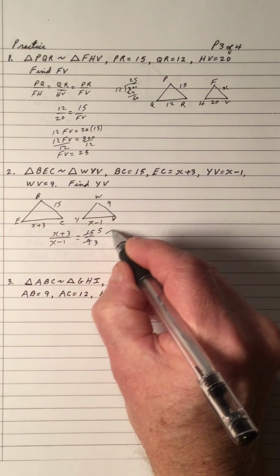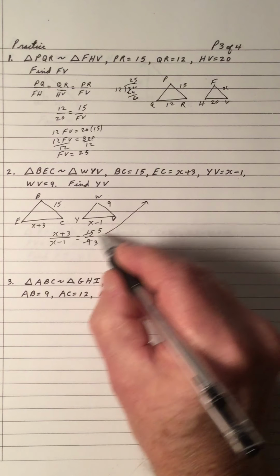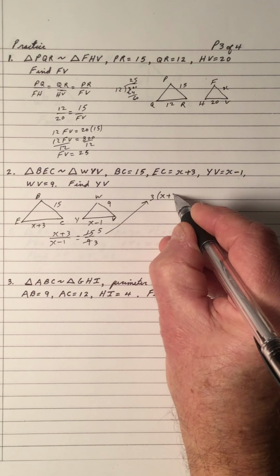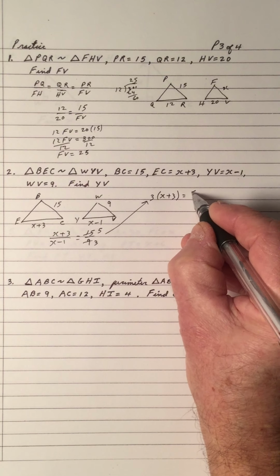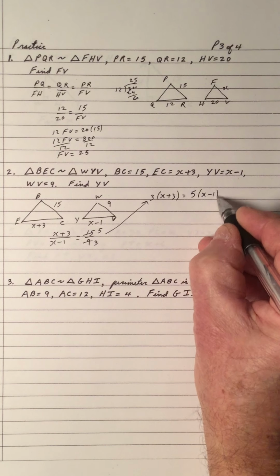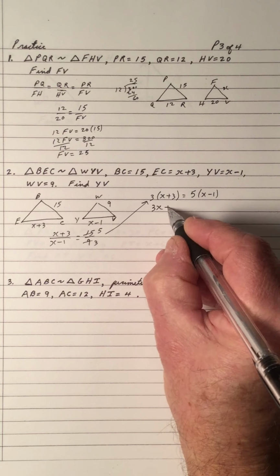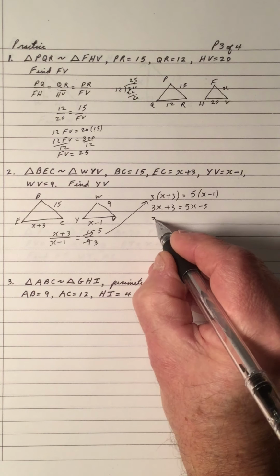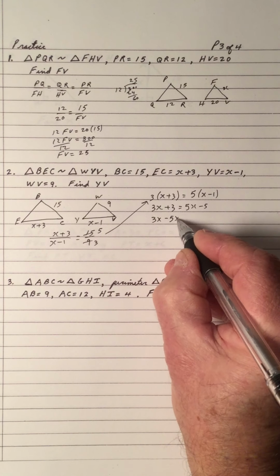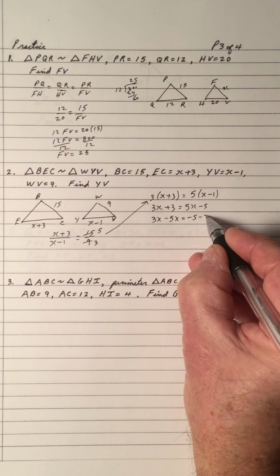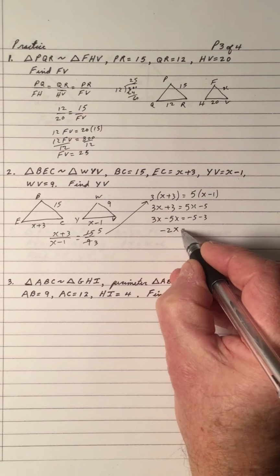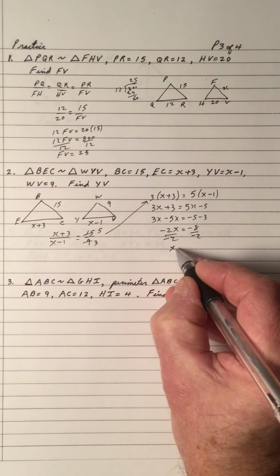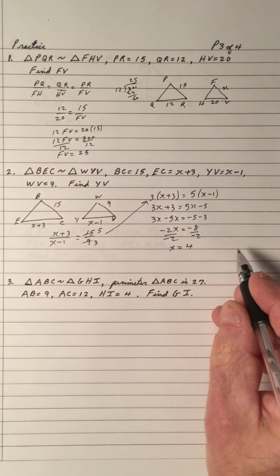So now I have a good equation to work with: 3 times x plus 3 equals 5 times x minus 1. 3x plus 9 equals 5x minus 5. 3x minus 5x, negative 5 minus 9, negative 2x is negative 14... Divide by negative 2, so x equals 4.